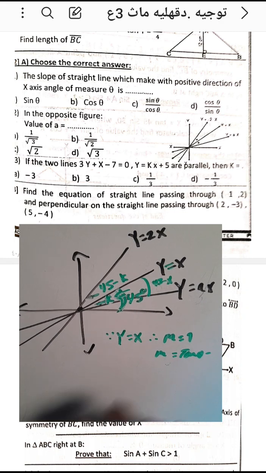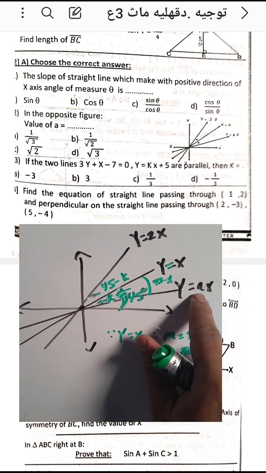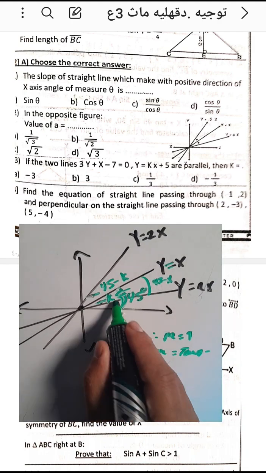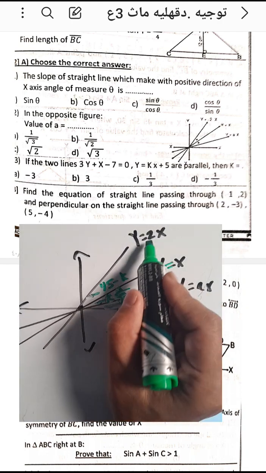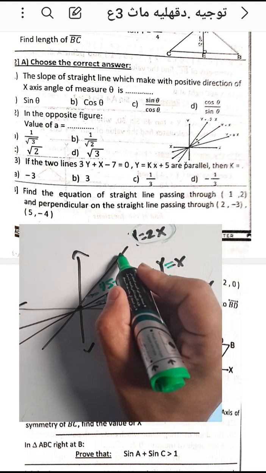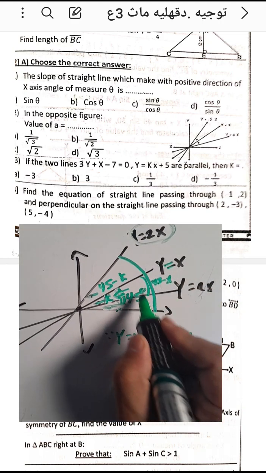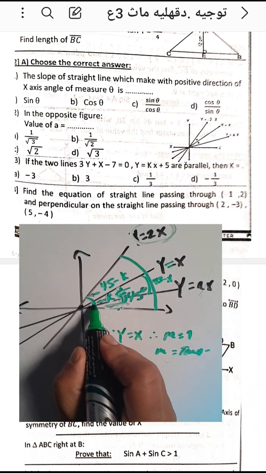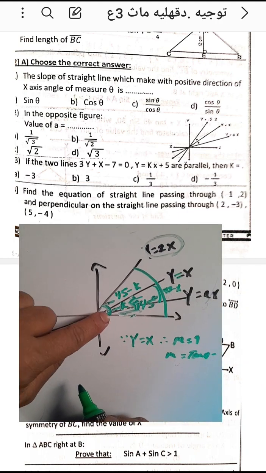And here, I want to find the slope about this part. And we have y equals 2x, meaning the slope here equals 2, and so this angle will be shift tan 2.